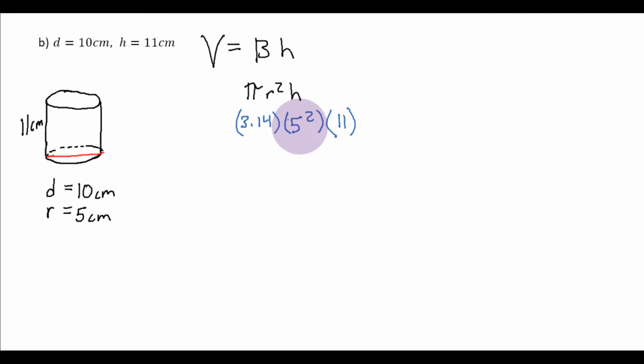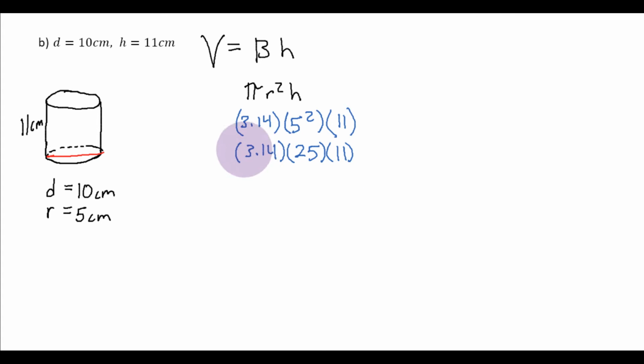Alright, let's find out what 5 squared is first. So I'm going to rewrite 3.14 times 5 squared, which is 25. We'll put that below, times 11. Now we have multiplication only, so we can do a couple of things here.